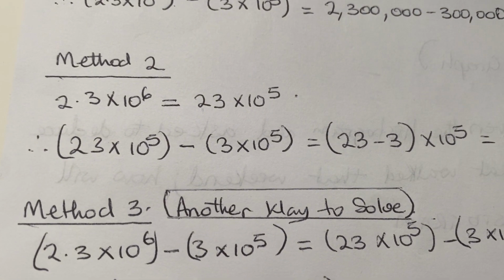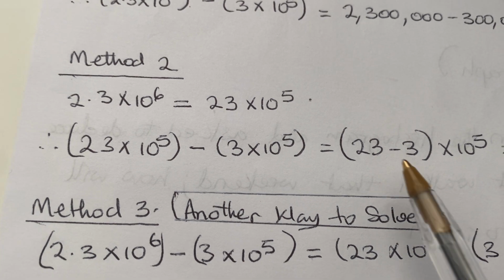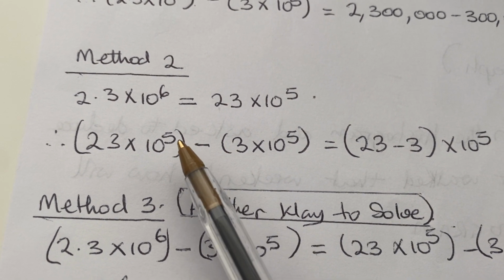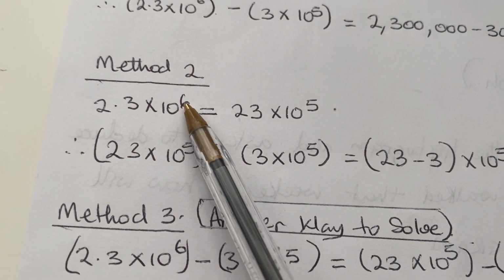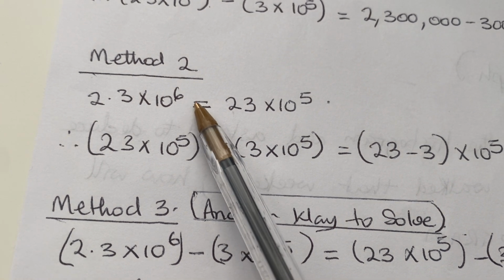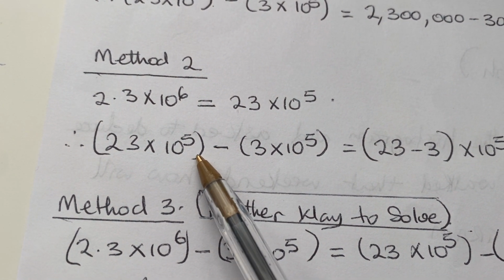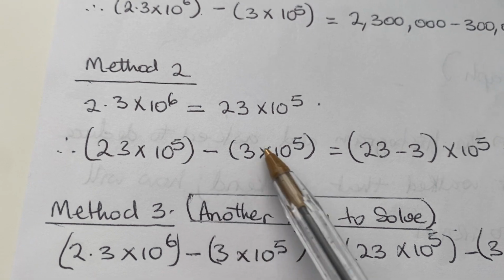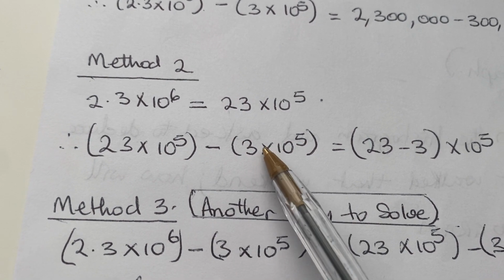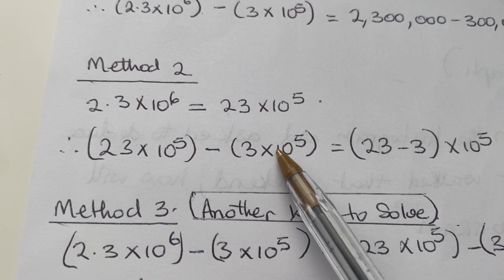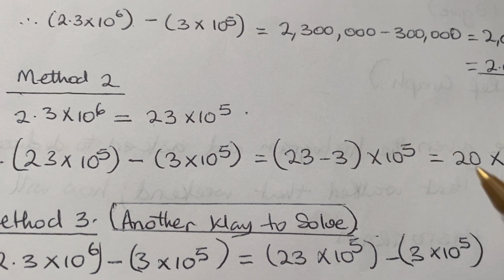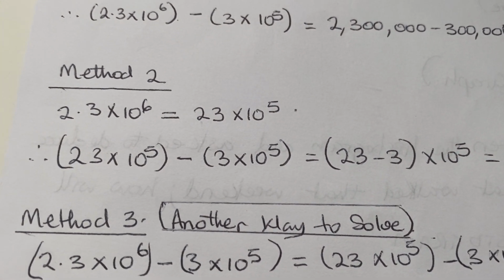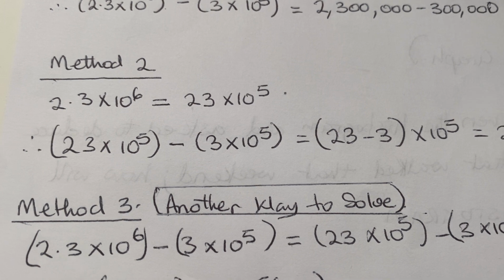The second one is first to change the 10 to the power 6 to 10 to the power 5 and then subtracting the integers and then adding back and then converting to your standard form.